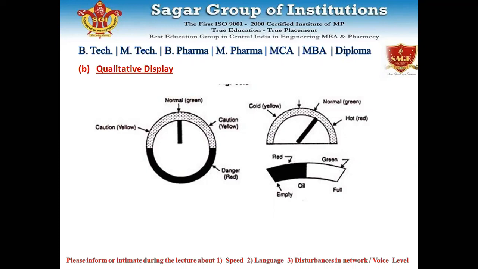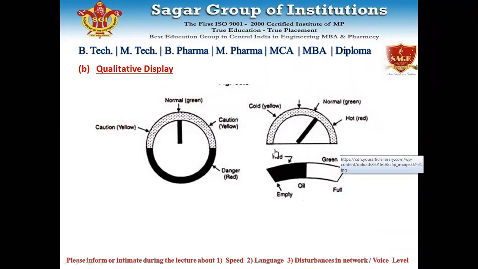We can say it is not as dynamic as the quantitative one we have seen, because there, if the pointer was at zero, it could come to 80 or 90 or 60. But here it shows range-wise: if this range says this much, this range says this much, this range says this much.